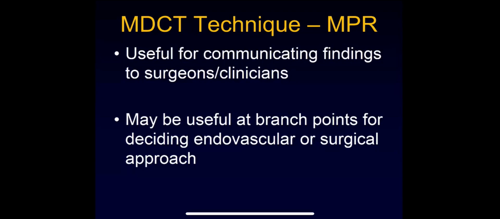We also use MPRs, which are really useful for communicating findings to the surgeons and clinicians, and they're particularly useful at branch points for deciding endovascular or surgical approach and how far is the abnormality, particularly from the left subclavian artery origin.